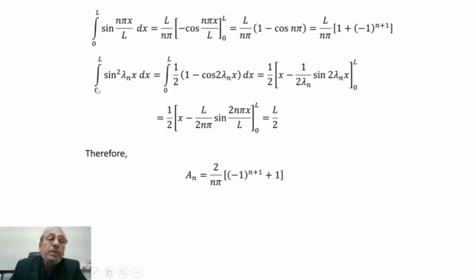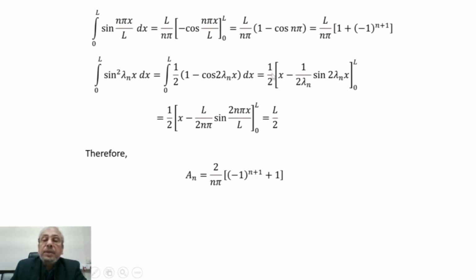Now for the integral from 0 to L of sine square lambda n x dx, we use the trigonometrical identity sine square theta equal to half into 1 minus cos 2 theta. So half 1 minus cos twice lambda n x dx.